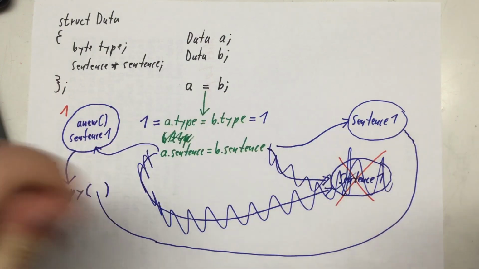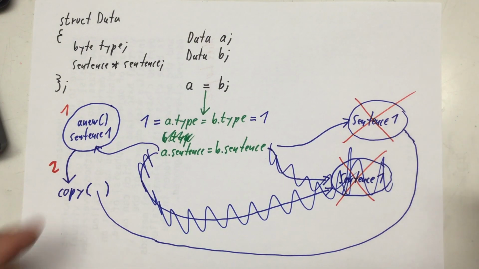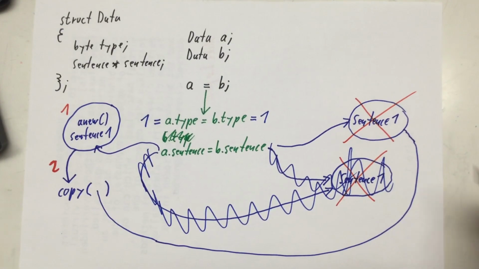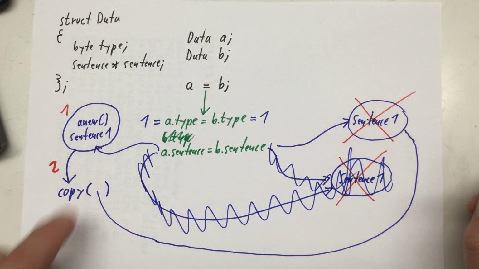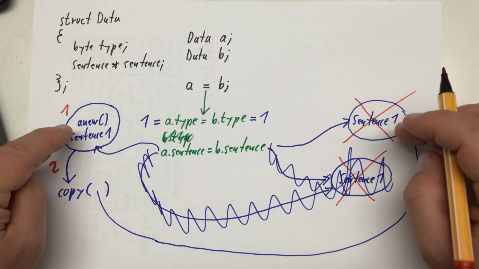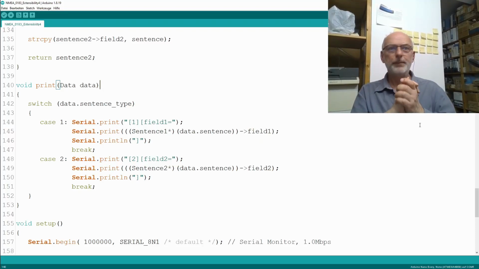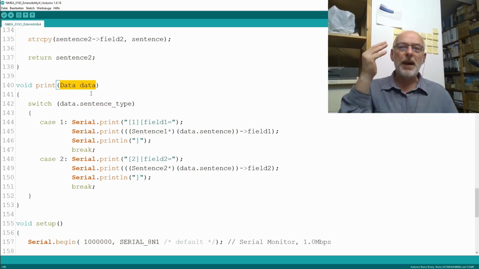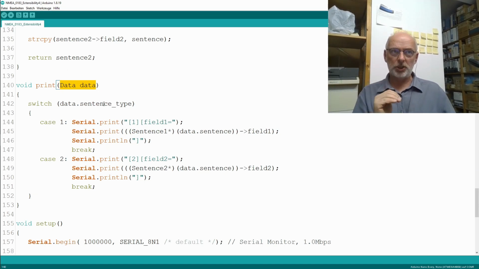And now what happens if that gets deleted? Nothing, because we're not pointing to that, we are pointing to a copy of it. So, problem solved. But I mentioned there's a second problem, and the second problem is exactly here, when we are passing a data struct by value to a function.